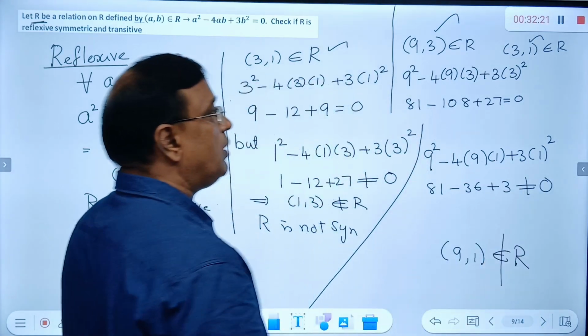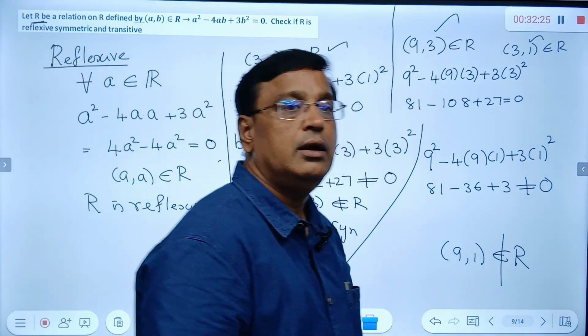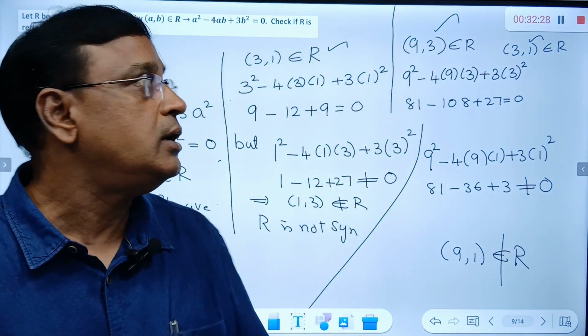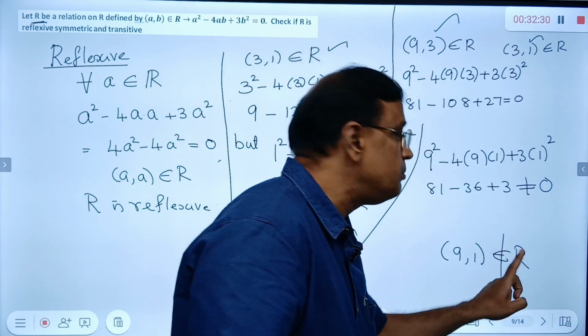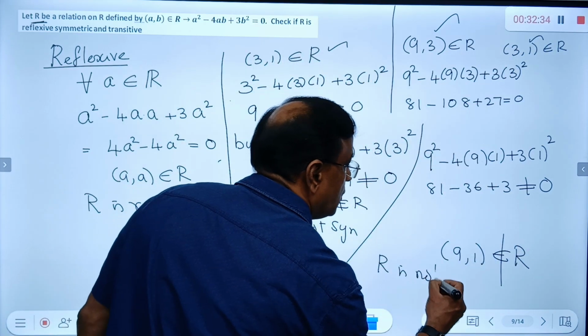Therefore (9, 1) does not belong to R. So (9, 3) belongs to R, (3, 1) belongs to R, but (9, 1) does not belong to R. Therefore R is not transitive.